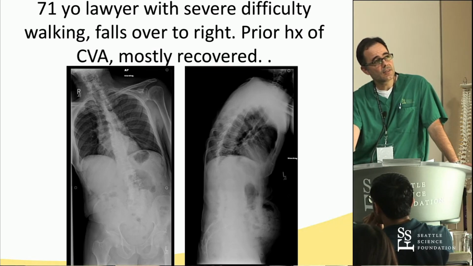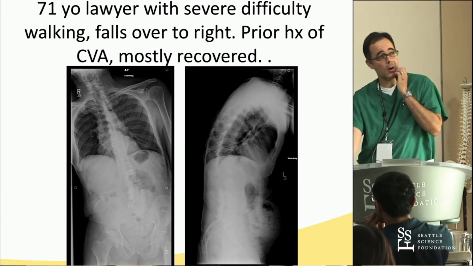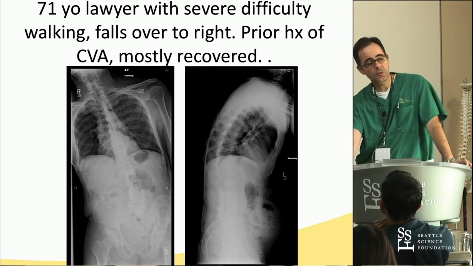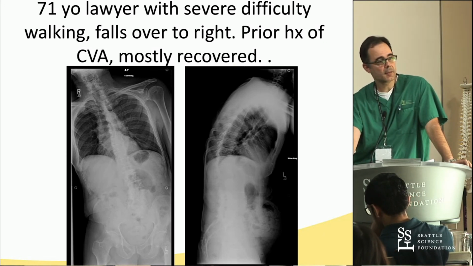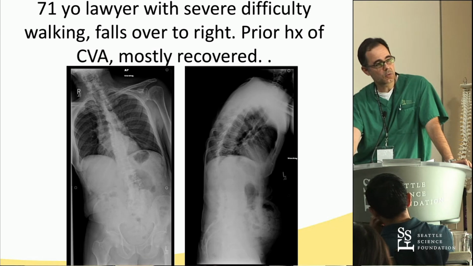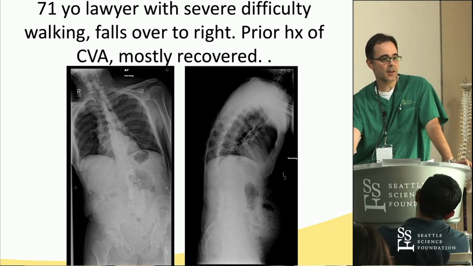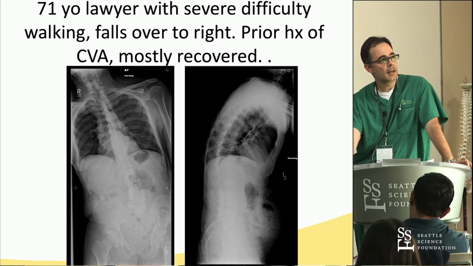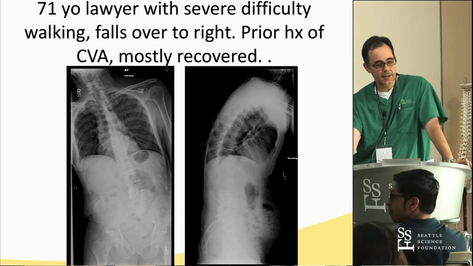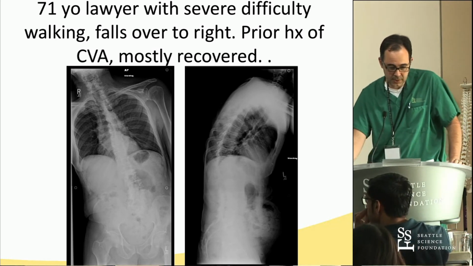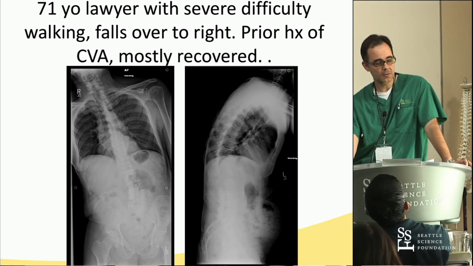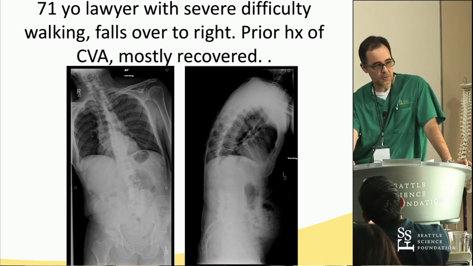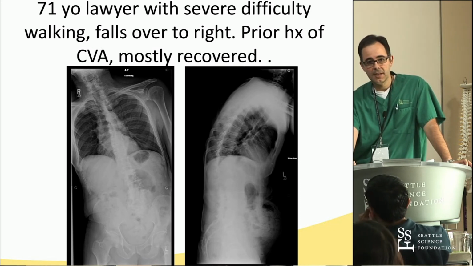This is a 71-year-old with severe difficulty walking, a previous history of a cerebrovascular accident from which he has recovered mostly, but he still had a slight weakness on his left side as a result of the stroke. Somebody that I initially saw and was contemplating a larger fusion, but also seeing that he looked fairly fragile, I didn't want to subject him to a T2 to pelvis.